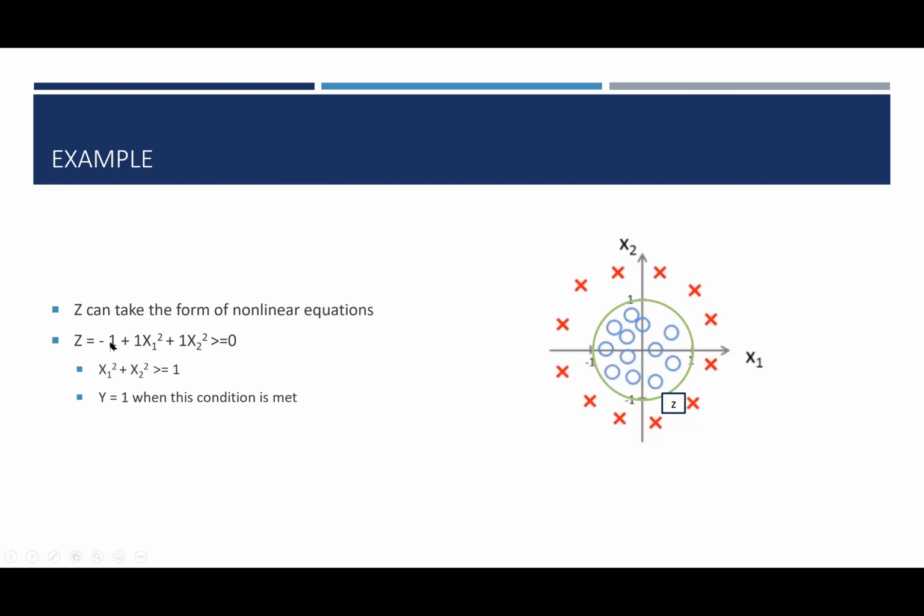And so your z value would be equal to -1 plus x1 squared plus x2 squared. And when that is greater than or equal to 0, the y equals 1 condition is met. So you can classify these values as being equal to 1, and then these values being equal to 0 when x1 squared plus x2 squared is less than or equal to 1.